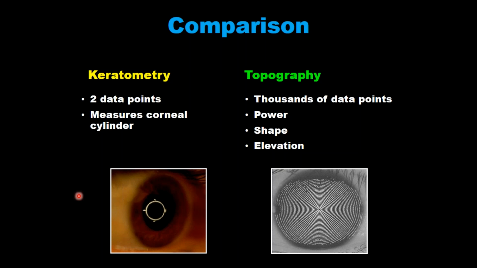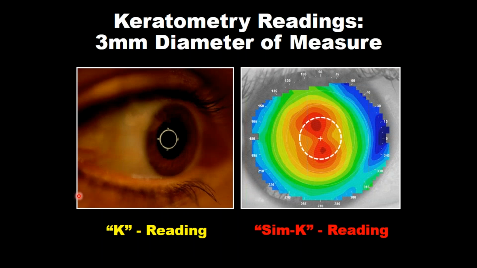But by comparison to corneal topography, we're getting thousands of data points with a computerized corneal topographer. We're getting the power of the eye, the shape of the eye, the elevation of the eye. We're getting so much more than just the central corneal astigmatism.